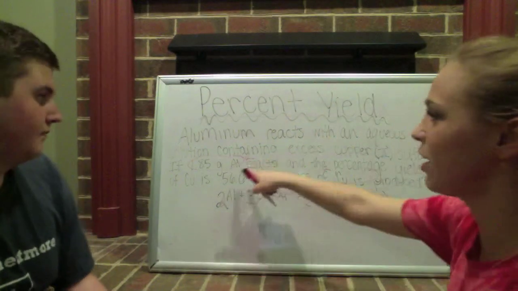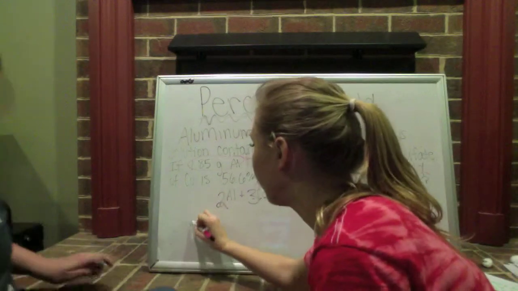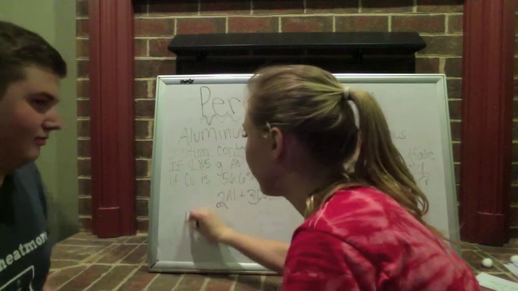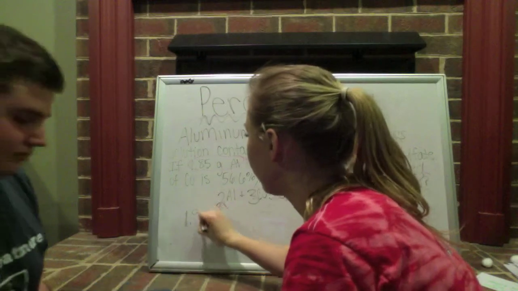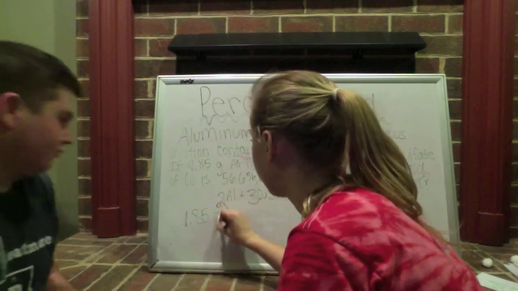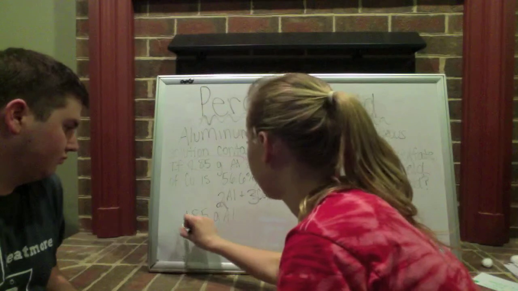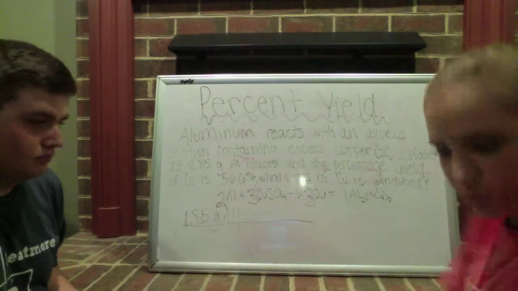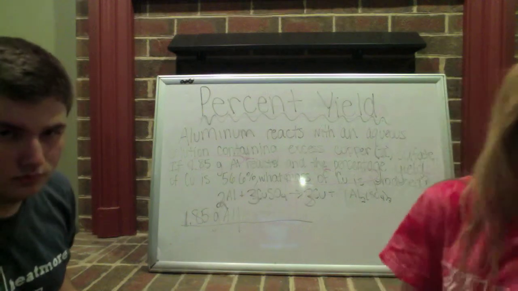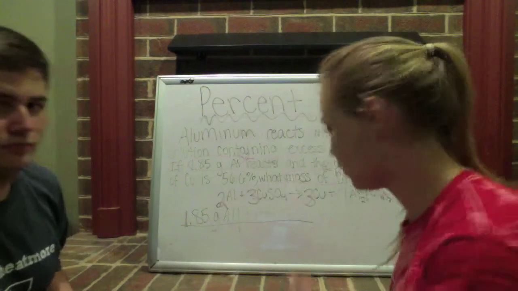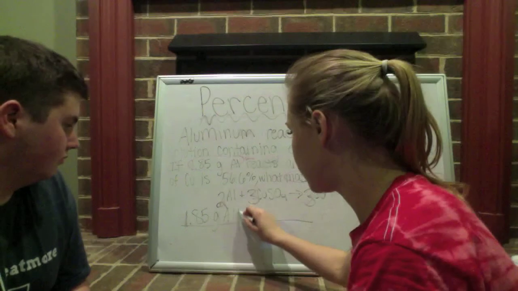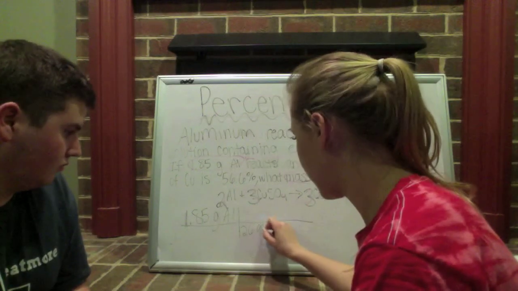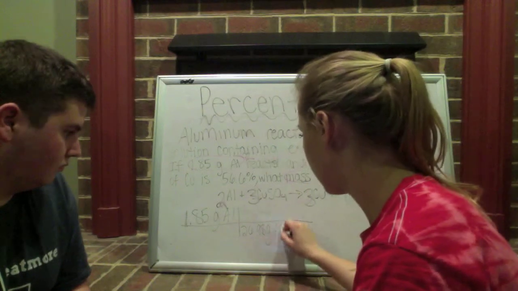So we know that we start off with 1.85 grams of aluminum. And that goes to, so the molar mass of aluminum is 26.98 grams in 1 mole.